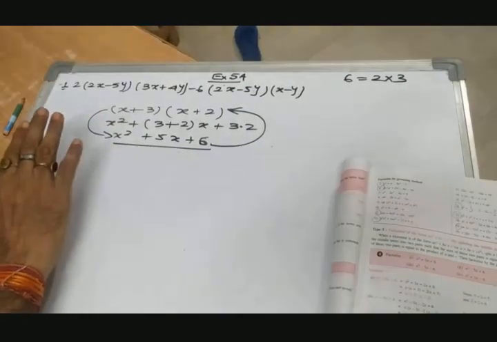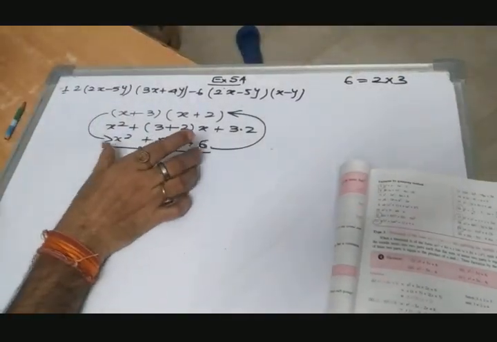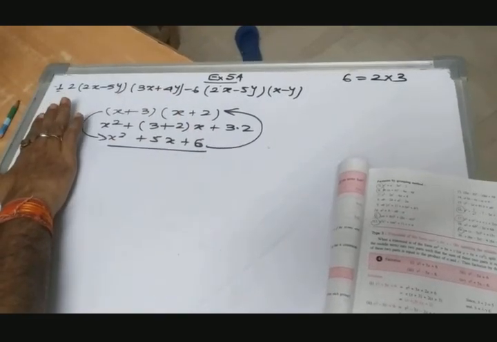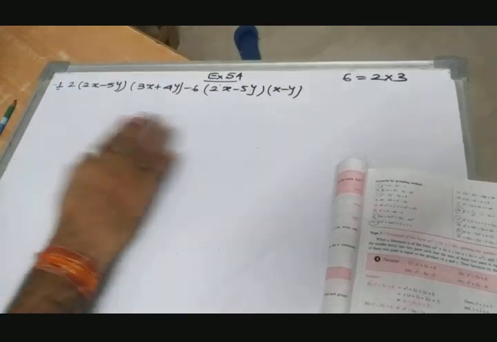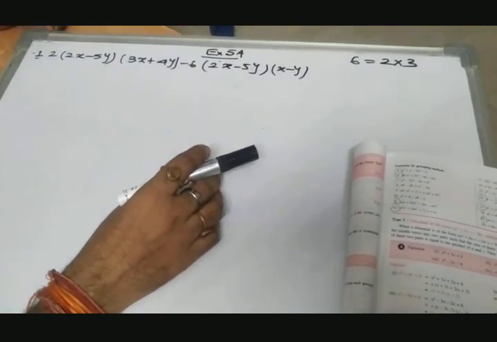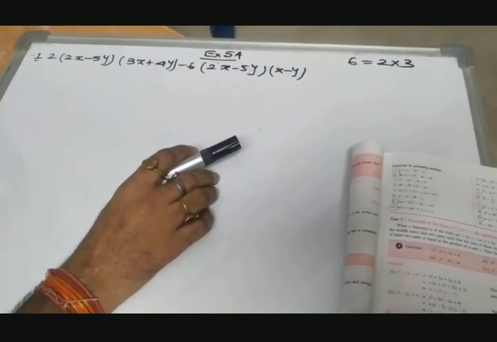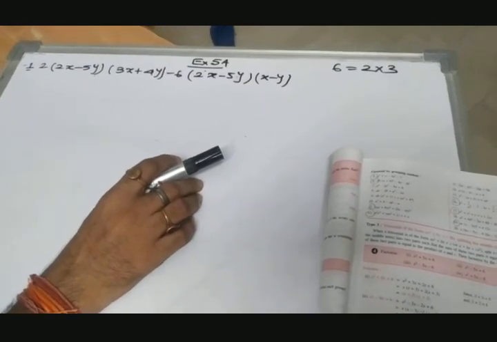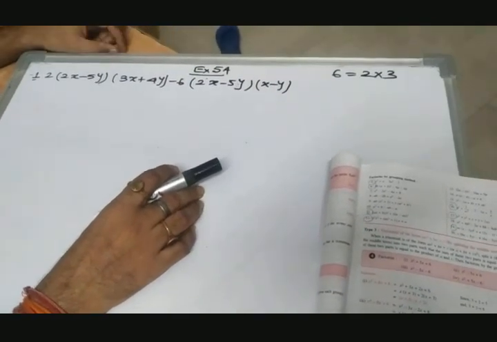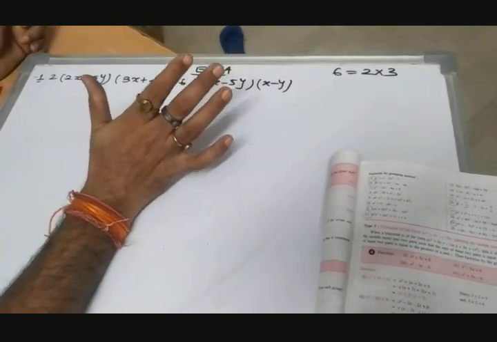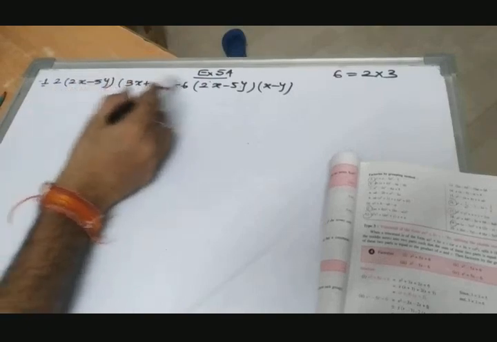So we will convert the polynomial form or expansion form into the product form in factorization. To convert into product form, we have to take out the common.